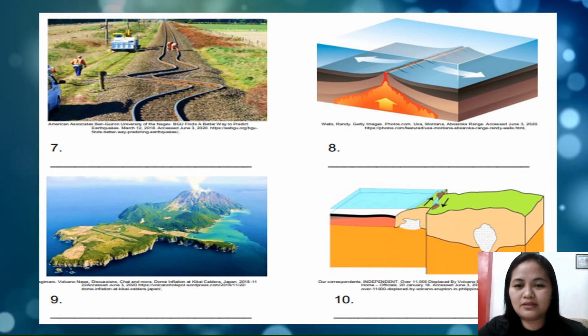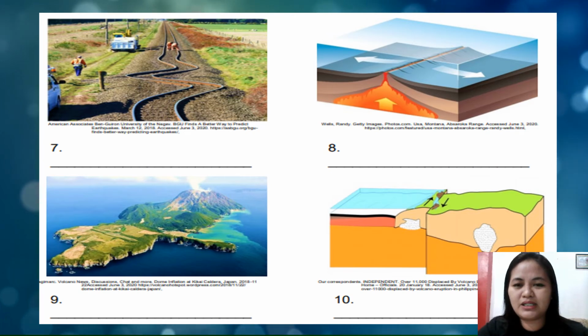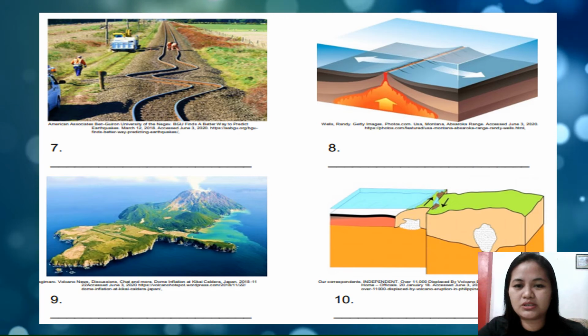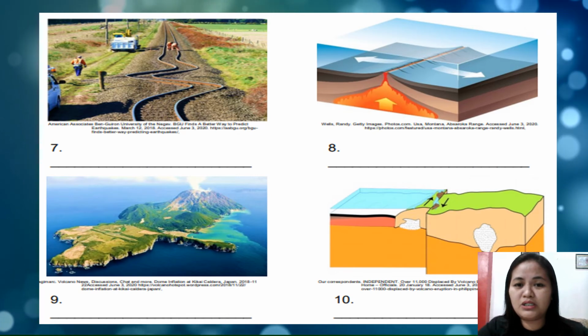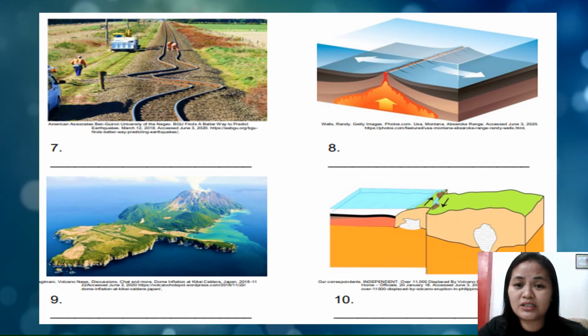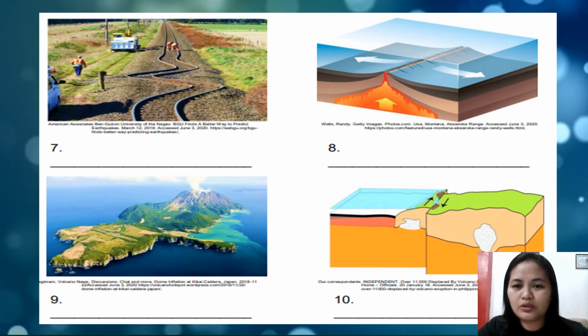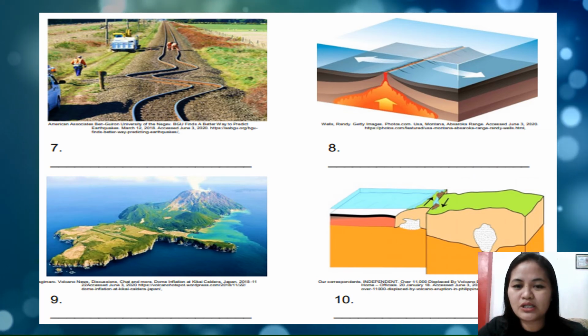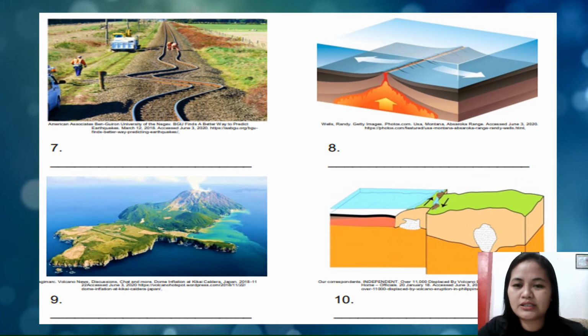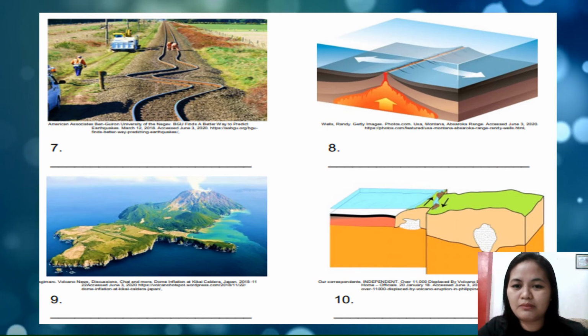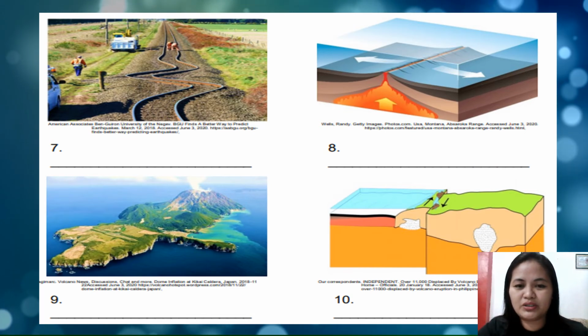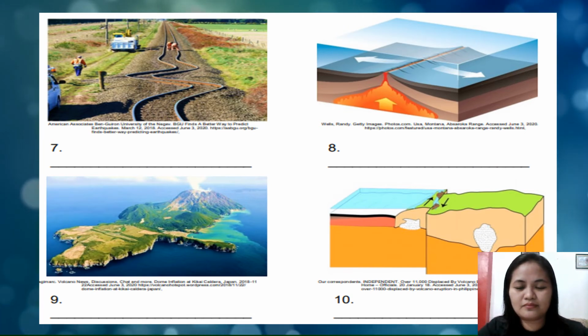Number 8. Ayun, very easy naman si number 8. Basta, you just focus on the arrows. By mere looking at the arrows, you can already tell the answer. So there are 2 arrows moving away from each other, and under is a magma that is coming out. Minsan yung English ko, nababangking.